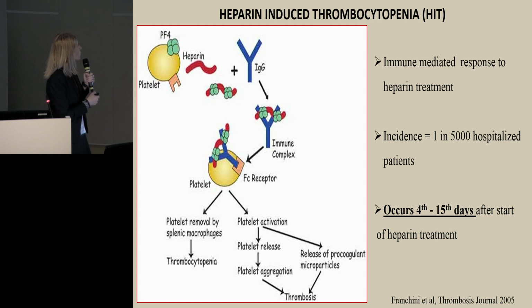So platelet factor 4 is something that is released from the platelets, and it is positively charged. Heparin, as we know, is negatively charged, and this is why heparin will bind to platelet factor 4.